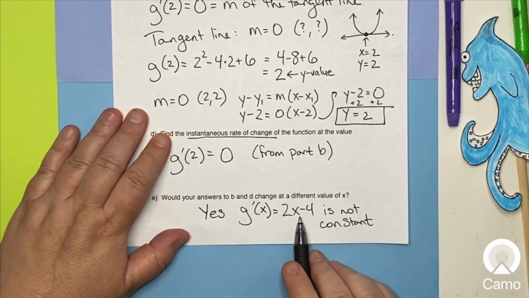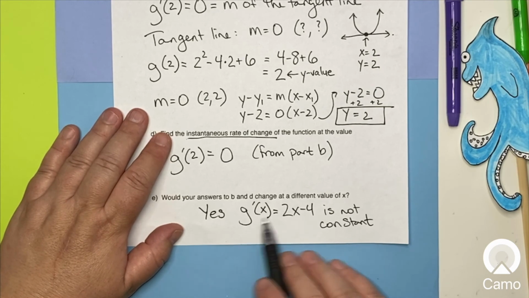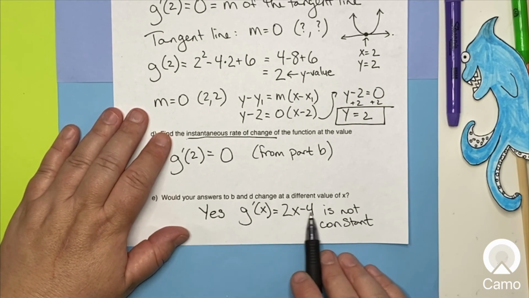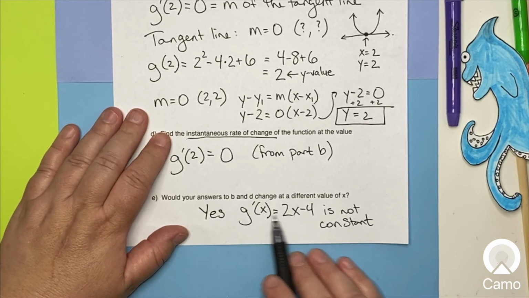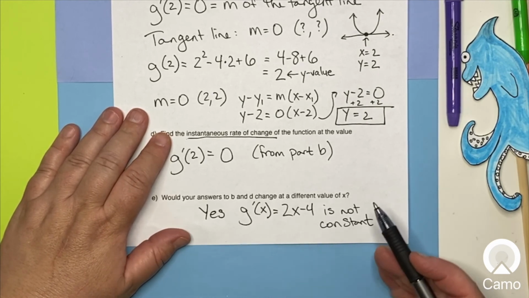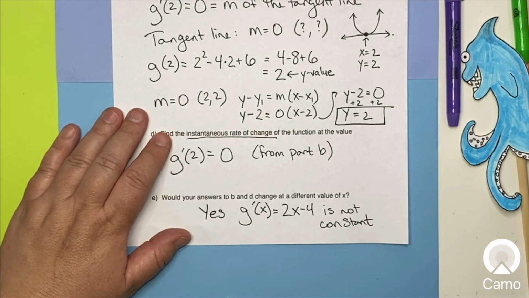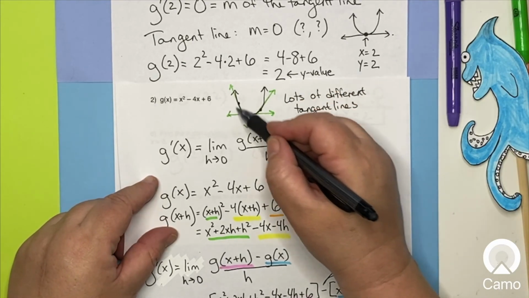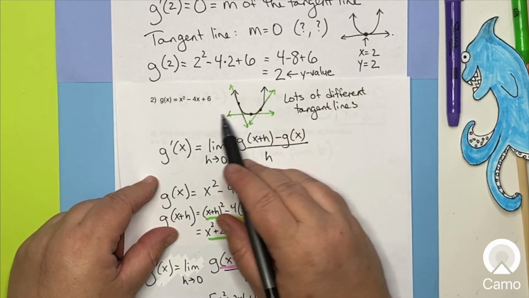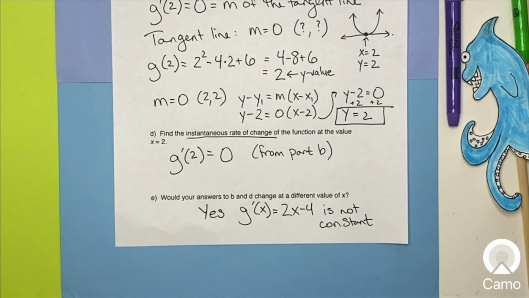Because there's an x involved, that means that when x equals 1, the derivative is 2 times 1 minus 4, negative 2. And if x is 10, then the derivative is 20 minus 4, 16. So as you move around in this original function, you change where the tangent line is. So there are going to be a lot of different derivatives with this one, slightly different.